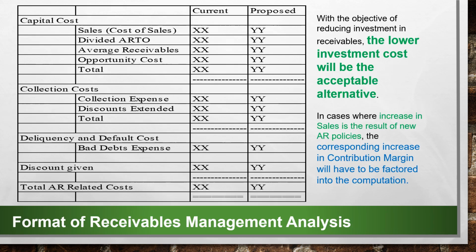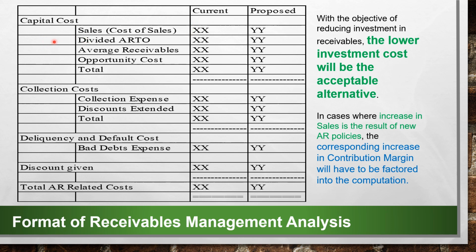So this is the format in how we analyze receivable management problems. Okay, so as you can see here, there's a column for current. This is our current policy. The second column is for the proposed policy. First we need to consider the capital cost. Compare the capital cost, the cost of sales.